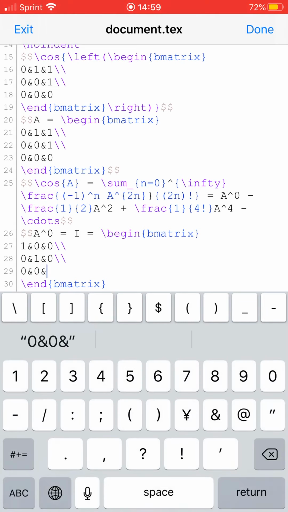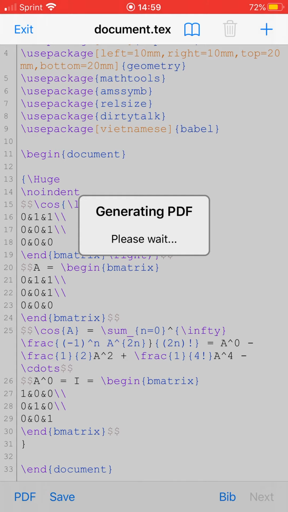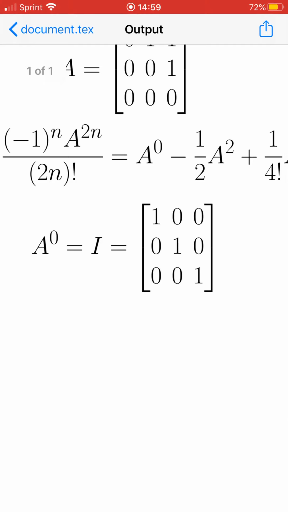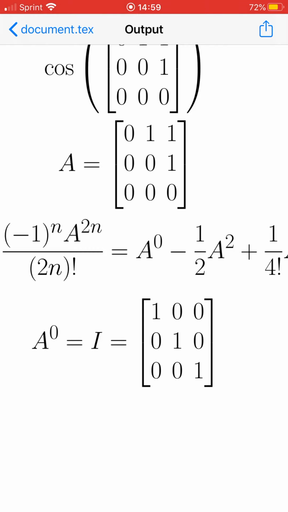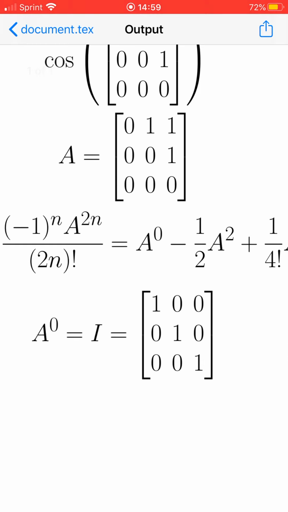I'm sorry, this is taking quite long because the LaTeX code for the matrix is quite complicated. So A to the 0th power is the identity matrix, 1 0 0 0 1 0 0 0 1. We're using the 3 by 3 identity matrix here because we're using the 3 by 3 matrix A.